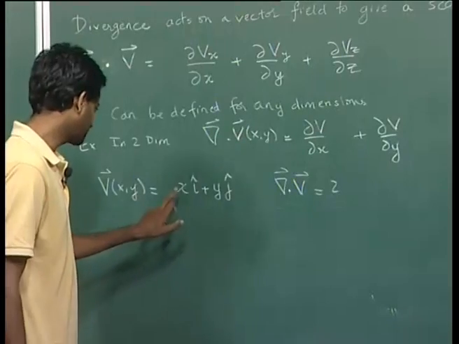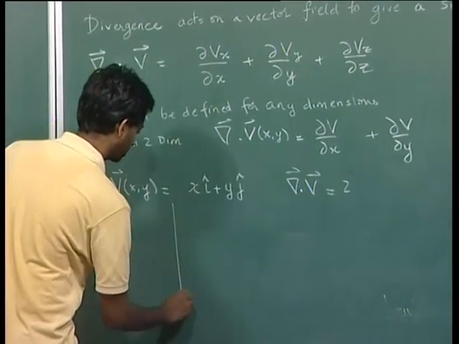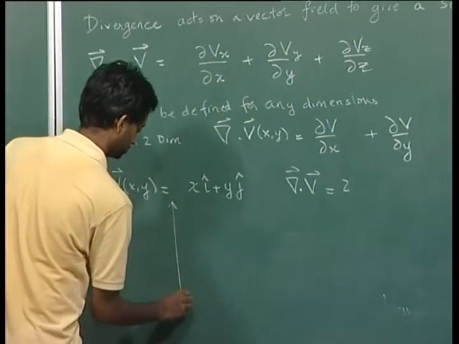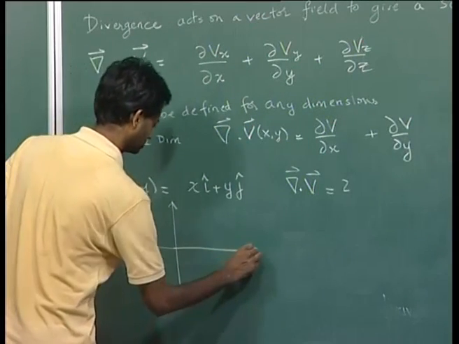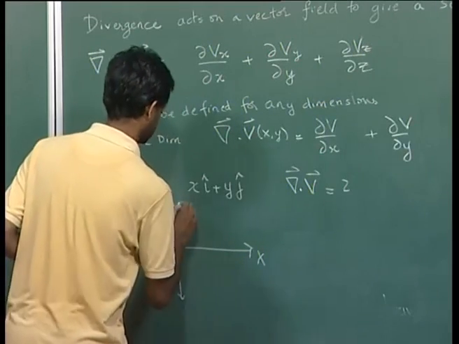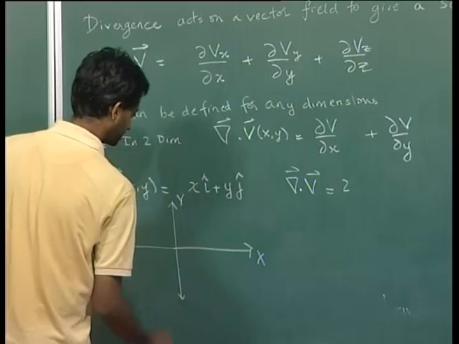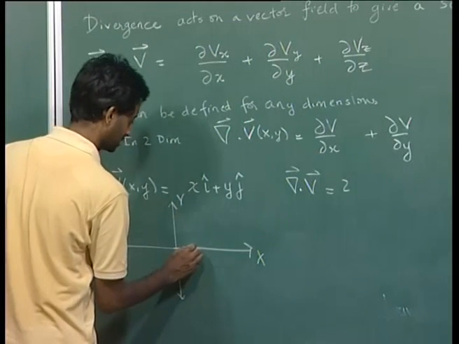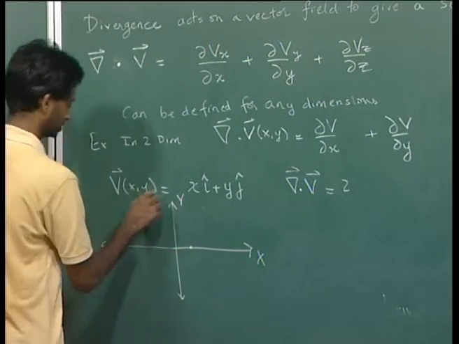Now let us say we decide to plot v of x y. So, in order to plot it, we consider the x y axis, and at each point you show the direction of this vector.